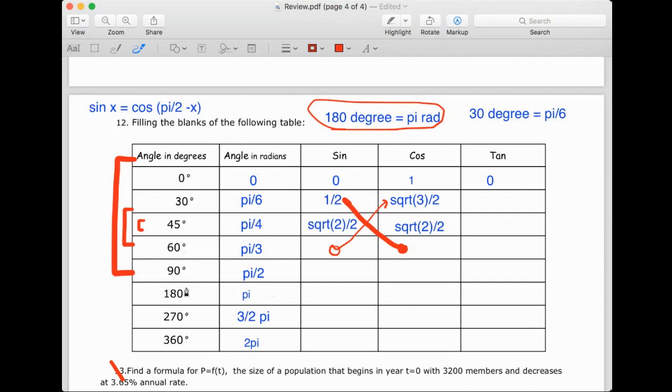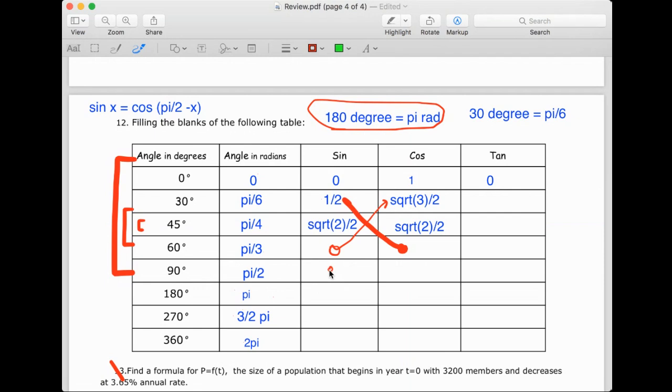Well, 90 and 0 are complementary angles. So sine 90 equals to 1 equals to the cosine value of 0. Right? So if I draw different color, let me use green color.